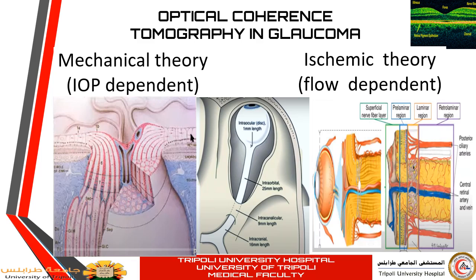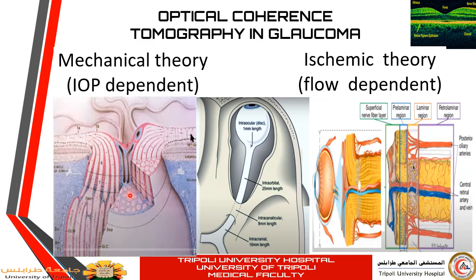If you look at the cross-section of the optic nerve, the fibers of the nerve fiber layer, when they exit the eye through the optic nerve, have an acute course, nearly a right angle, and pass through small pores of the lamina cribrosa with a little connective tissue in between.